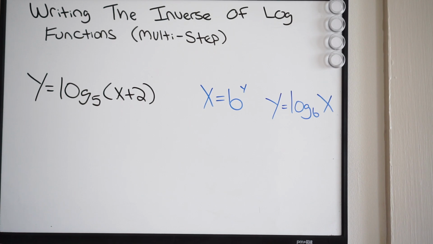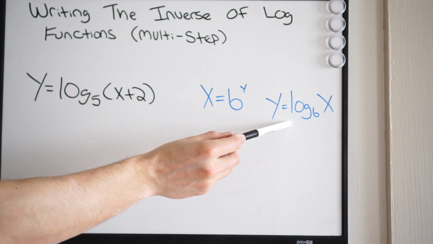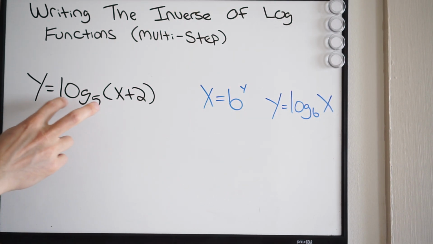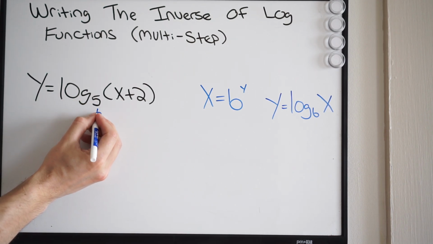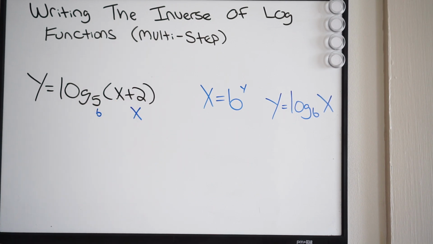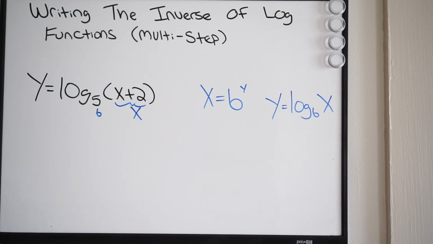So what I mean by that, if we look over here, notice how our log function is isolated, log base of x. All right, that's what we're looking for here. Well, this is what we have here. We have log base of x. This 5 is my base, and this whole x plus 2 is my x. Okay, that is what we're looking for before we go ahead and put it into its exponential form.